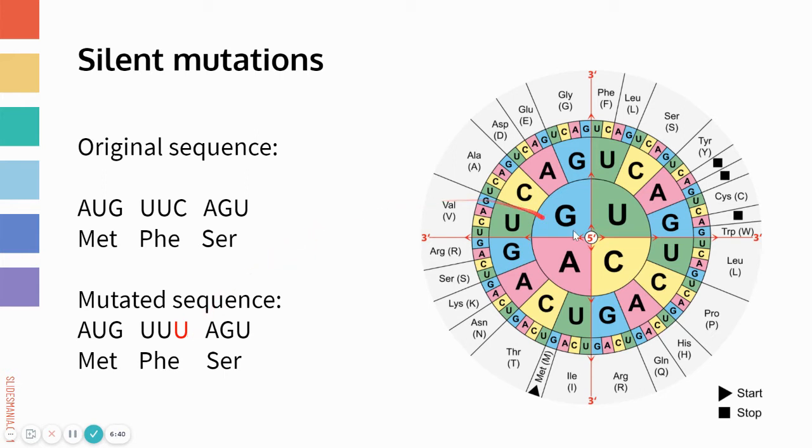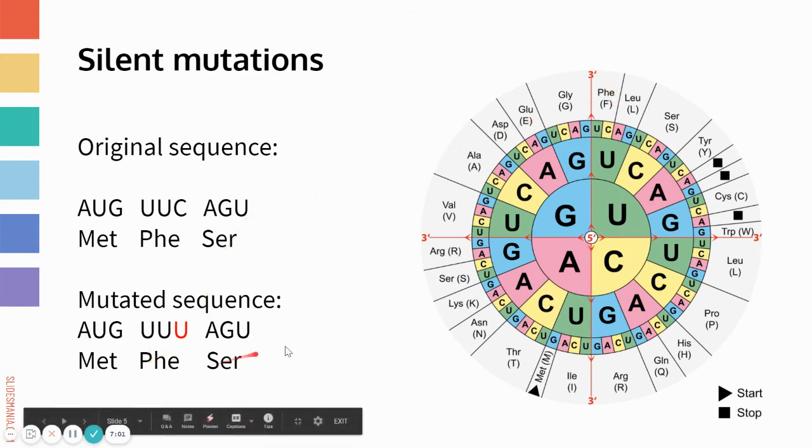Let's look at this first one, UUC first. You'll see that that's coding for phenylalanine. But if you look at what UUU codes for, you'll see that it's still phenylalanine. So even though we have a mutation, the actual amino acid isn't changed. It's still phenylalanine regardless of which codon we use.